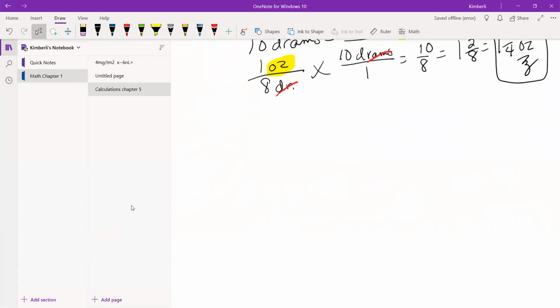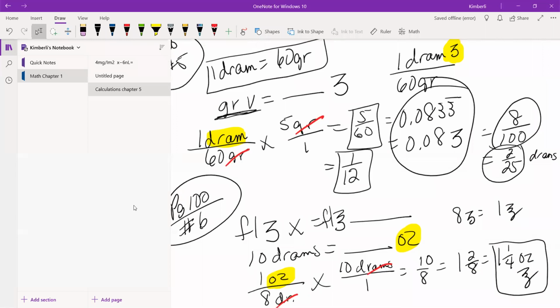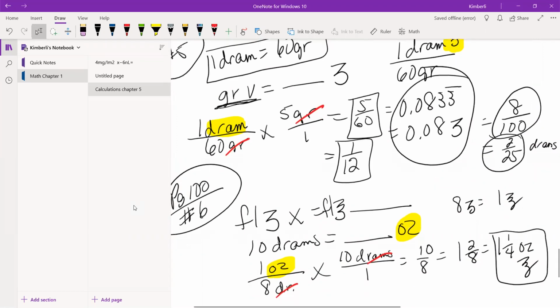You don't have to memorize all of these units on page 106, because there's a bunch of them, and honestly, we don't do that much apothecary.